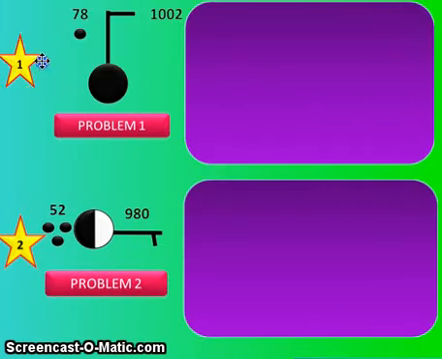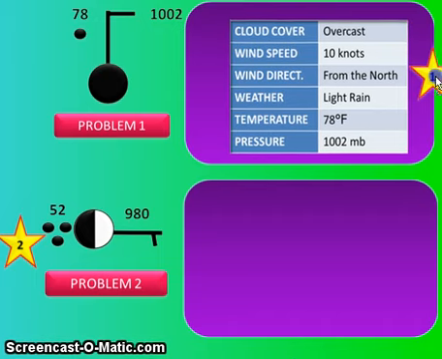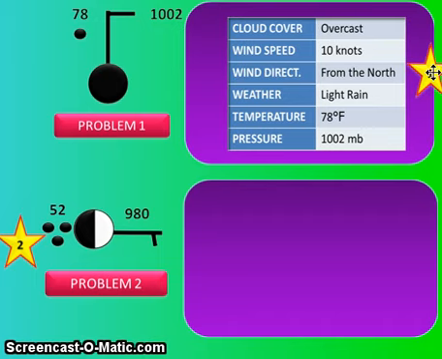For problem number 1, this is the information. I just want to explain it to you as we go over it. The cloud cover, you'll notice that it's fully shaded, so we would call that overcast, or actually 100% cloudy. The wind speed only has one full feather off of the bar, so we would call that 10 knots.